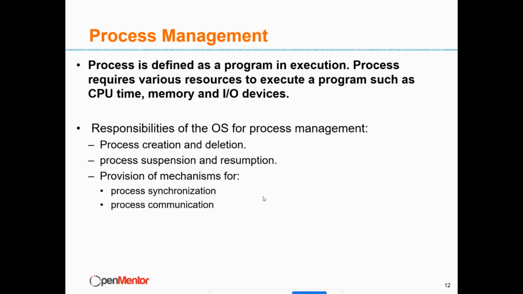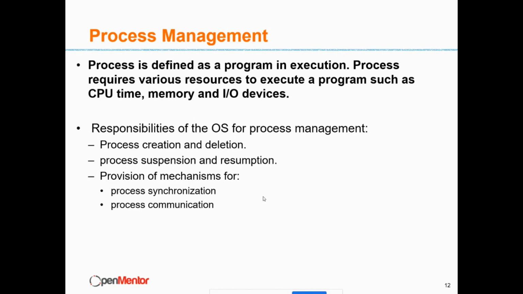A process is defined as a program in execution. Suppose a program is running, that is called a process. Suppose in your machine, you have a C program running, you have a Java program running. So C program is a process, Java program is a process. Each process will require some amount of CPU time, some amount of memory, and some amount of IO devices.